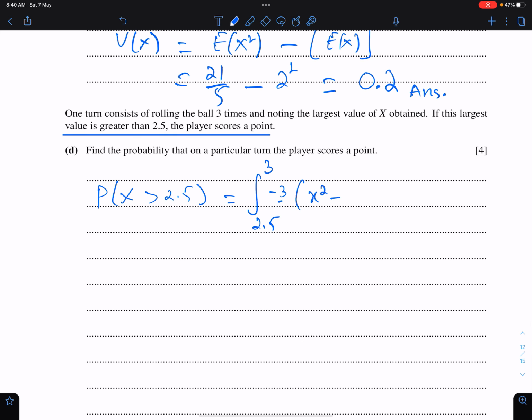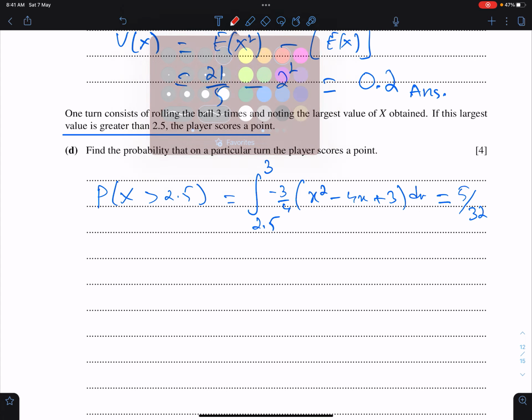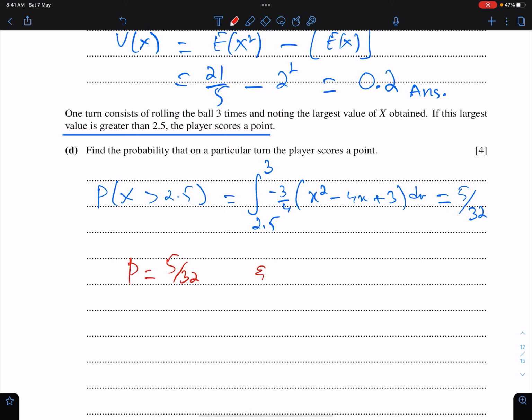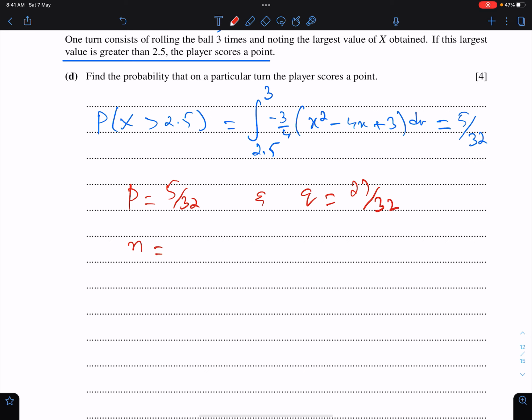Minus 3 upon 4, x squared minus 4x plus 3 dx. This probability is 5 upon 32. Since the integration is simple, I'm leaving this for you. Now this is known as P, 5 upon 32, and Q is 27 upon 32, and n is 3, and this is binomial.